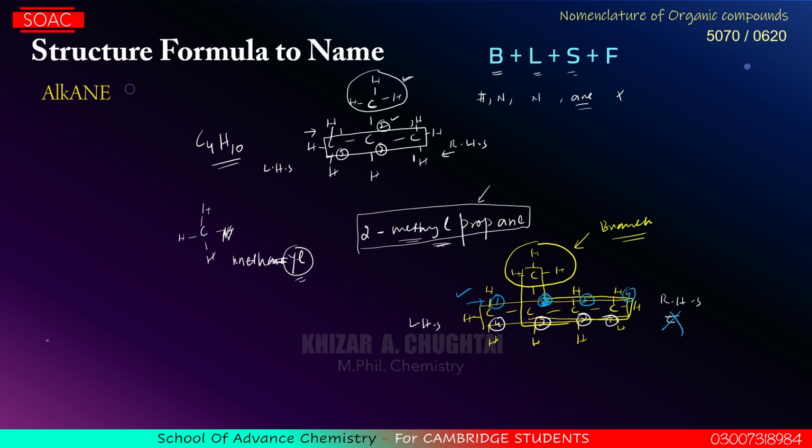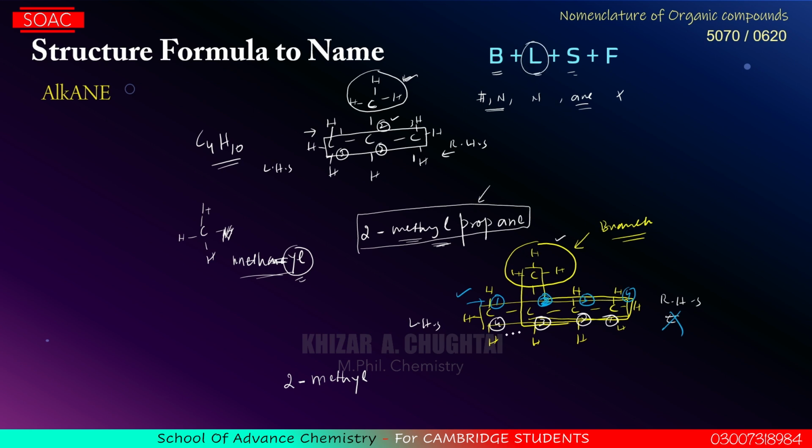The last step, finally, I'm going to write its name: branch number, branch name, and so on. 2 dash. The branch has 1 carbon atom, and a 1 carbon branch is known as methyl. The 1 carbon name starts from meth, and here is yl because it's a branch, it has 1 less hydrogen atom. 2-methyl, and now come towards the longest chain.